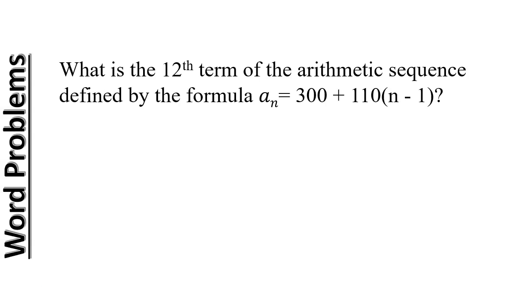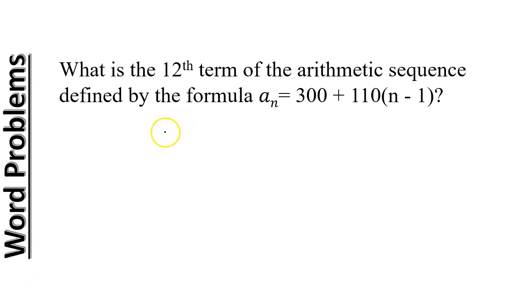Okay, next up. What is the 12th term of the arithmetic sequence defined by the formula a sub n equals 300 plus 110 times n minus 1? So on this one, you're just plugging in.